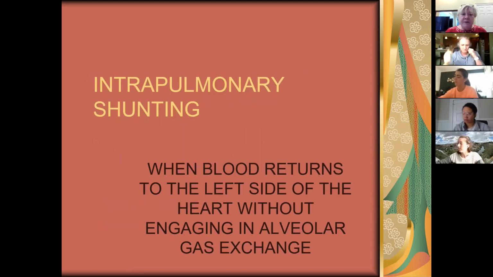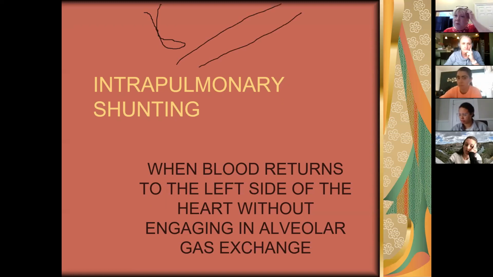Okay, the next one is intrapulmonary shunting. Now with intrapulmonary shunting, typically it looks like this. About 10 to 15%, we always have alveoli that don't pop open. But in this case, we have more alveoli that are completely closed down.